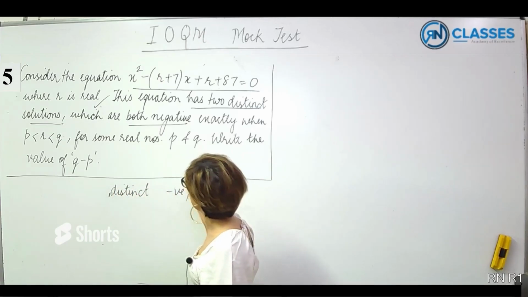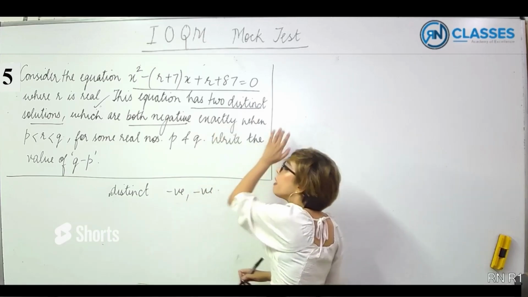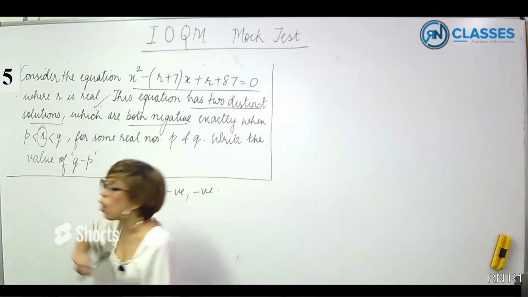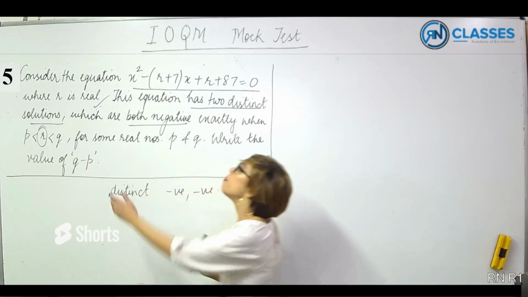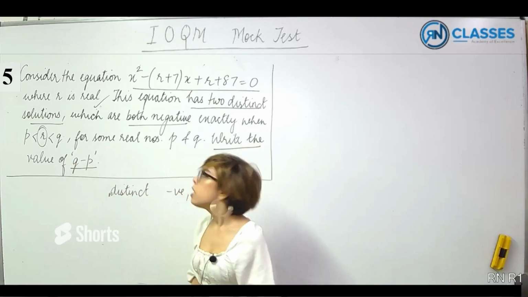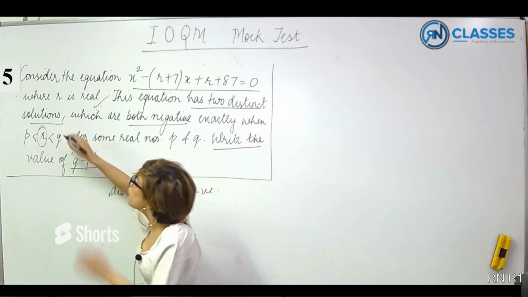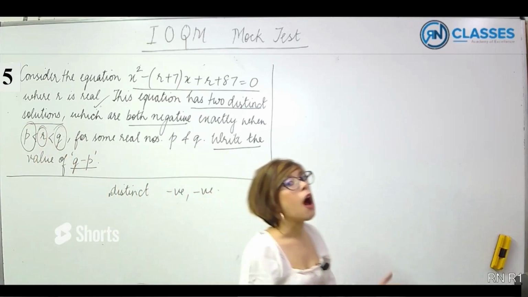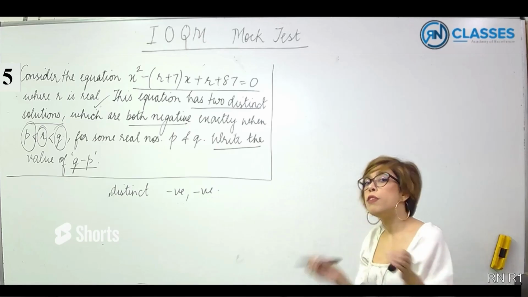So, negative, negative. Exactly when P is less than R, less than Q. So, that means there is a restriction on R basically. Right? For some real numbers P and Q, you need to write the value of Q minus P. Right? So basically Q minus P, you need the restriction on R. Right? So you need to find where R lies, from which value to which value.